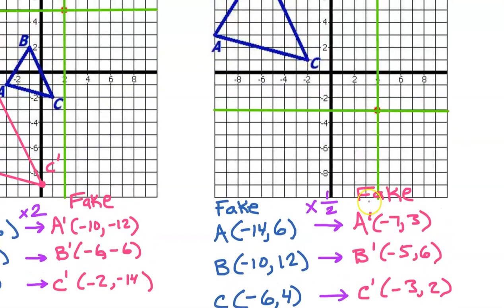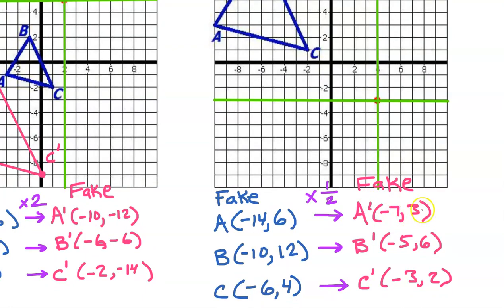So let's graph them. Negative 7, comma 3 from here. Okay, so that's negative 4, it's negative 7, and then up 3 would be right here. So this will be A prime. Negative 5, comma 6. So here we go.